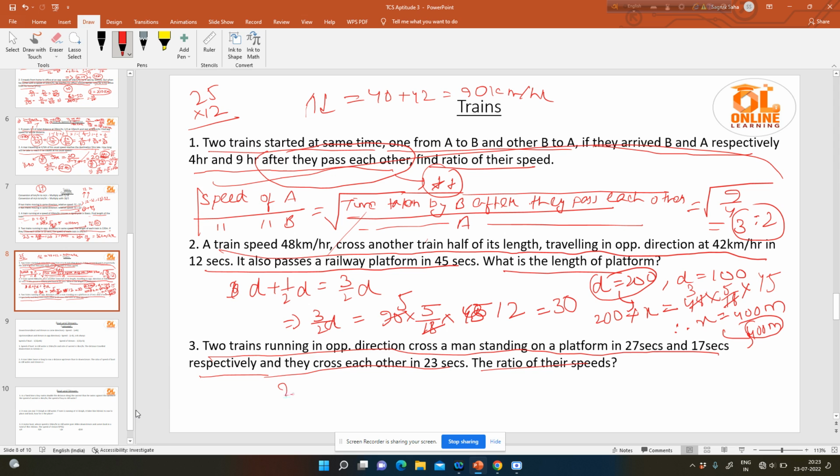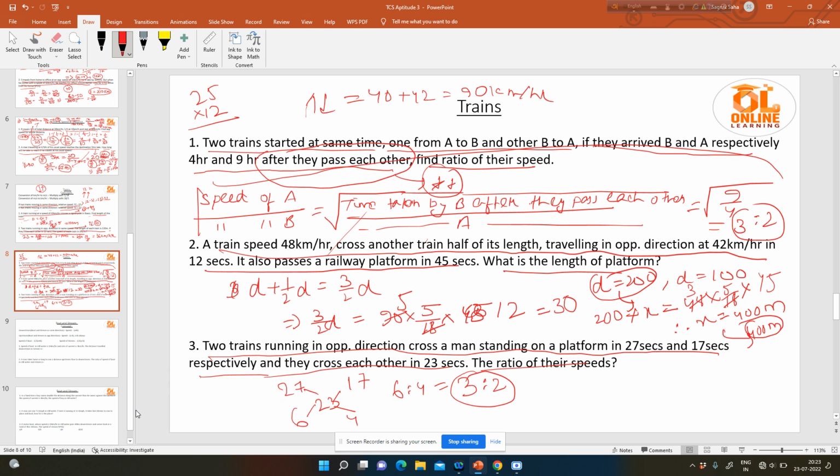How? Write first speed here 27, write other speed here 17, and between them the time in which they cross each other, 23. Just subtract by neglecting the negative sign. So 27 minus 23 is 4, 17 minus 23 is 6. So 6 is to 4 would be the answer, or you can shorten it, that would be 3 is to 2. So directly you can get the answer.